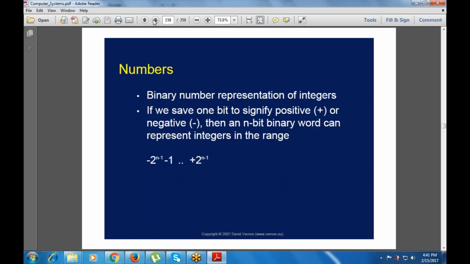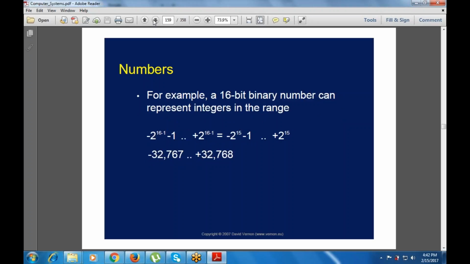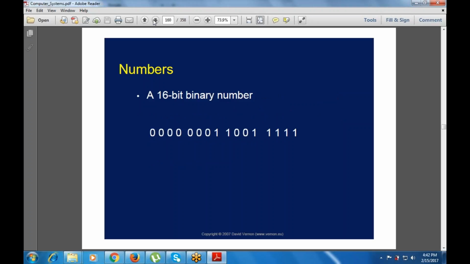Then binary number representation of integers. If we say 1 bit signifies positive or negative, then an n-bit binary word can represent integers in a range. For example, a 16-bit binary number can represent integers in the range. Take this 16-bit binary number: 0000 0001 1001 1111.